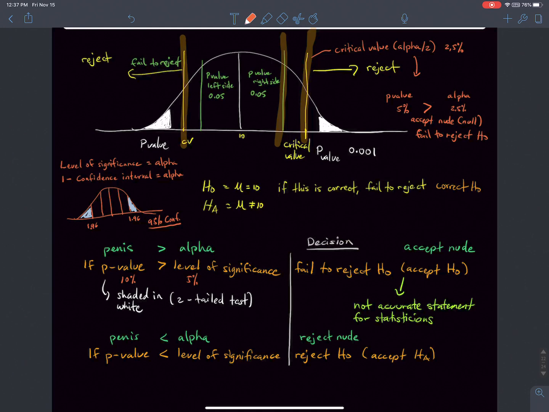Right? Since p-value is greater than the alpha, you have to accept the null hypothesis, which means fail to reject the null hypothesis. So you're saying the null hypothesis here is correct, and therefore you should fail to reject it, or you should accept the null hypothesis.